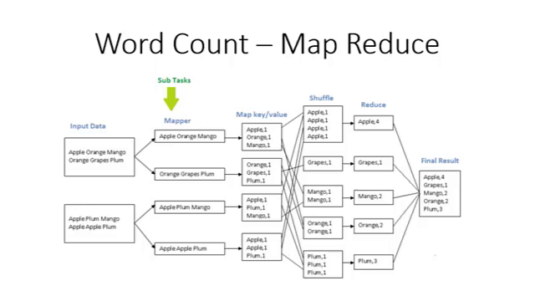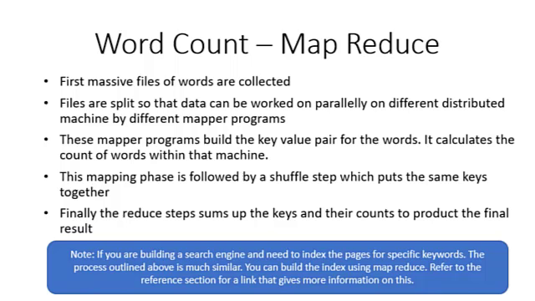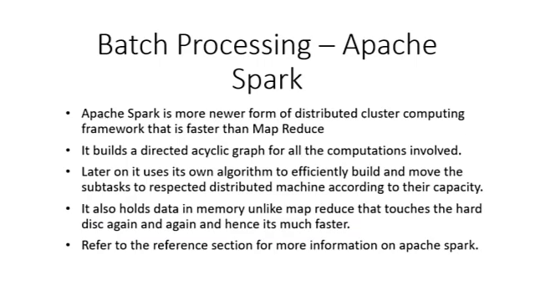There's one key point here: MapReduce touches the hard disk many times between these operations, hence it is slower. Due to this, a new technology was invented, and that was called Apache Spark. Now this is supposed to be many times faster than MapReduce, because it doesn't hit the hard disk that often during computation.